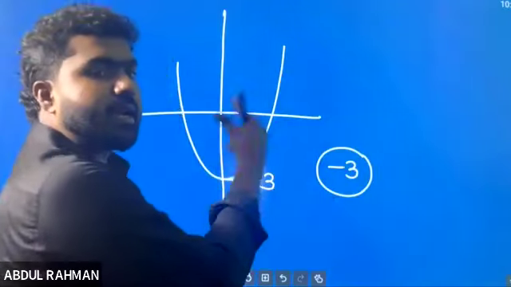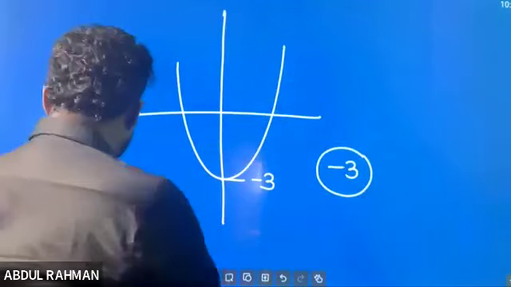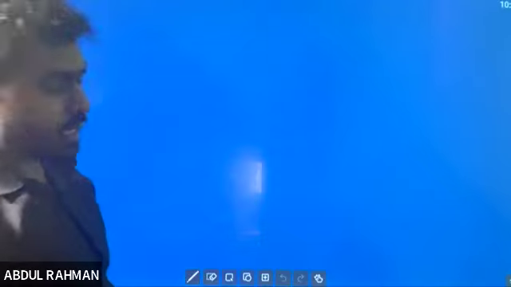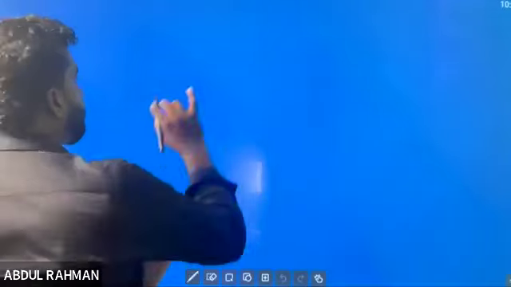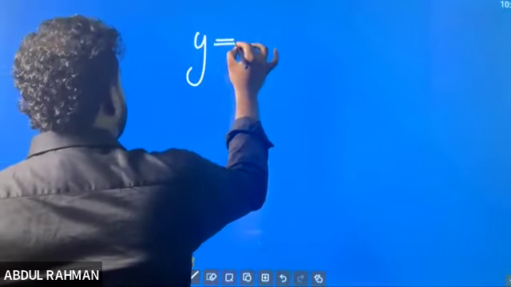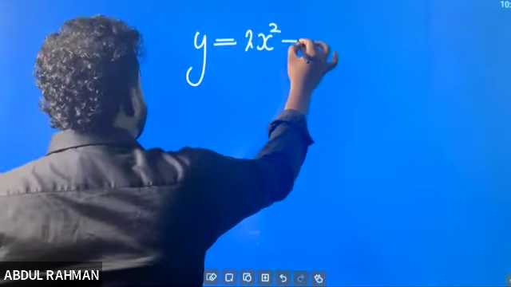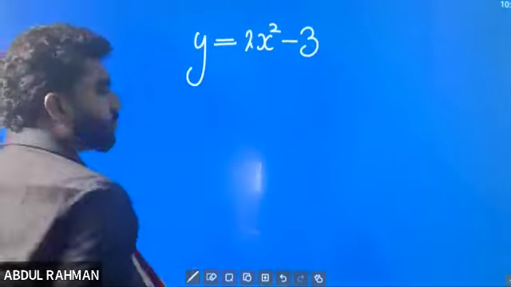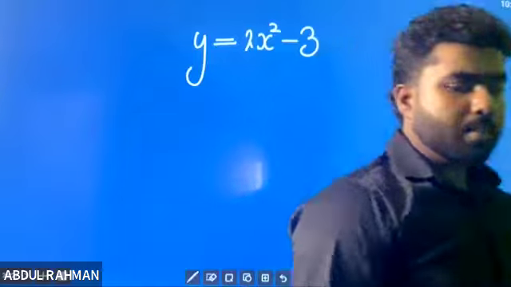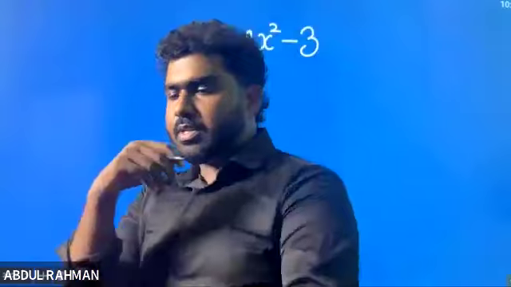If the visual diagram is given, it's okay to find. But I'm just saying, let's say an equation is given to you, y equals 2x squared -3. Now I'm asking you, what is the minimum point of this graph?